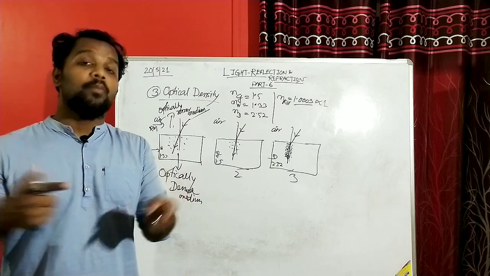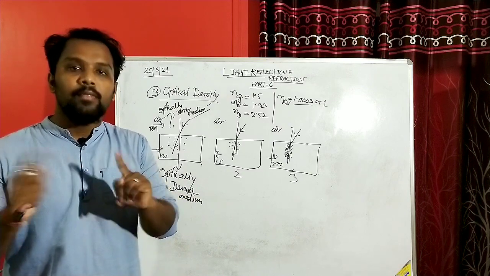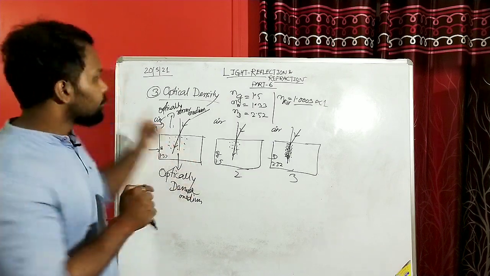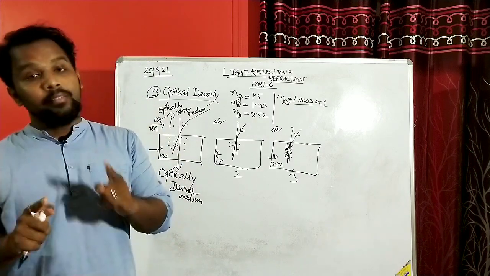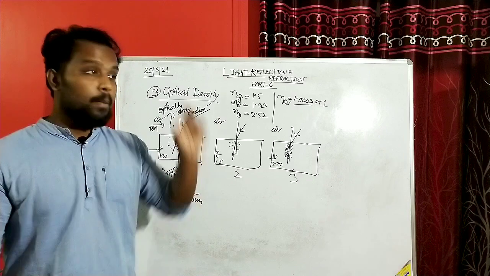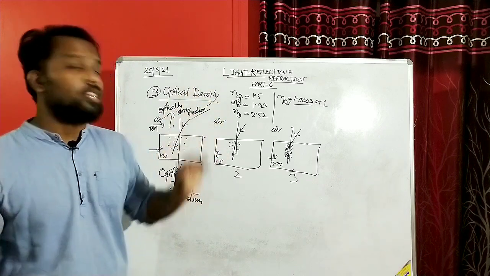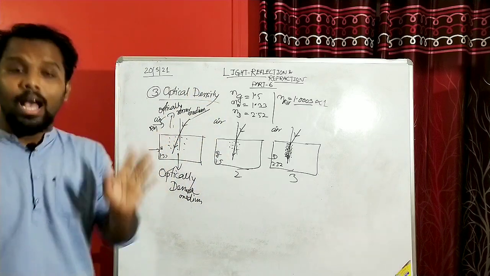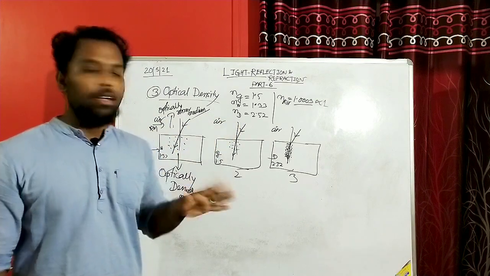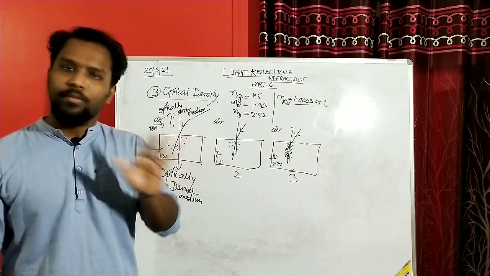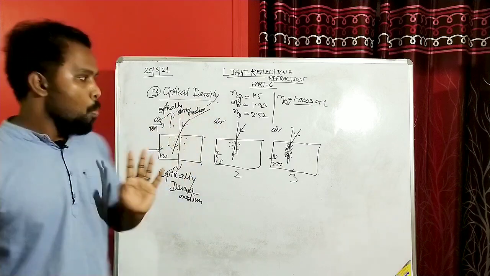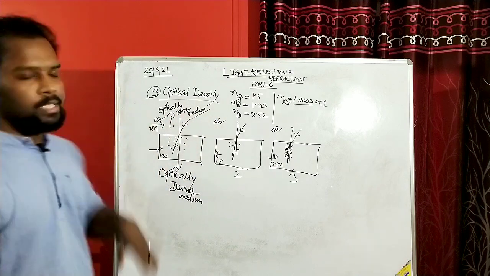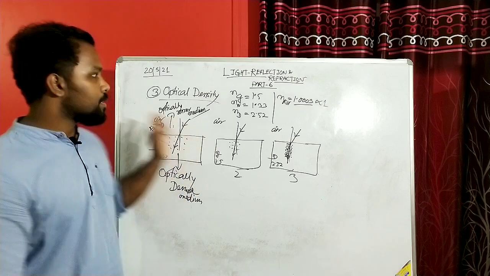Before that we discussed the factors on which refraction depends. Then we discussed the laws of refraction. Then we discussed the refractive index. This is the main physical quantity which gives us information about how much the ray is bent from the normal, away or towards. Then we understood the concept of optical density. So in today's class we have discussed these things.